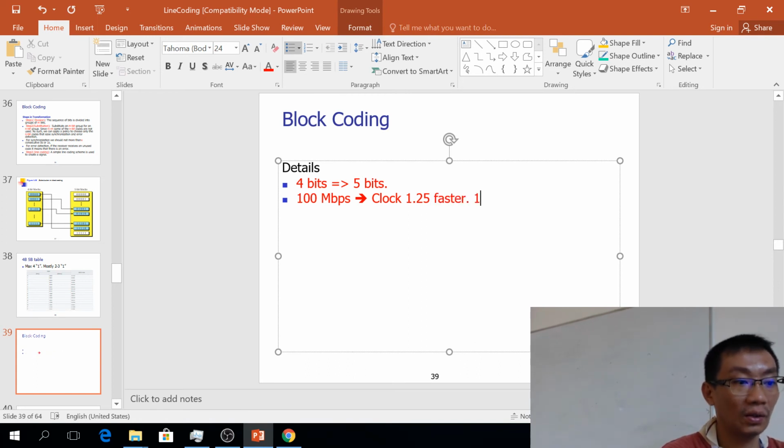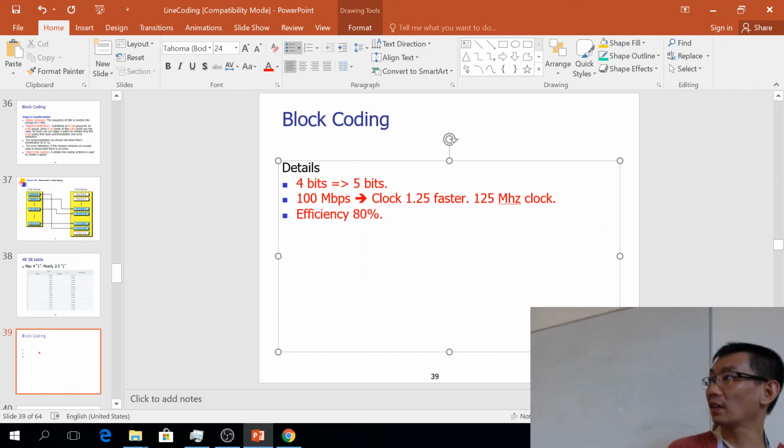So your efficiency will be 80%. Correct or not? So your efficiency will be 80% instead of 50%. So from 50% it goes to 80%. Okay?